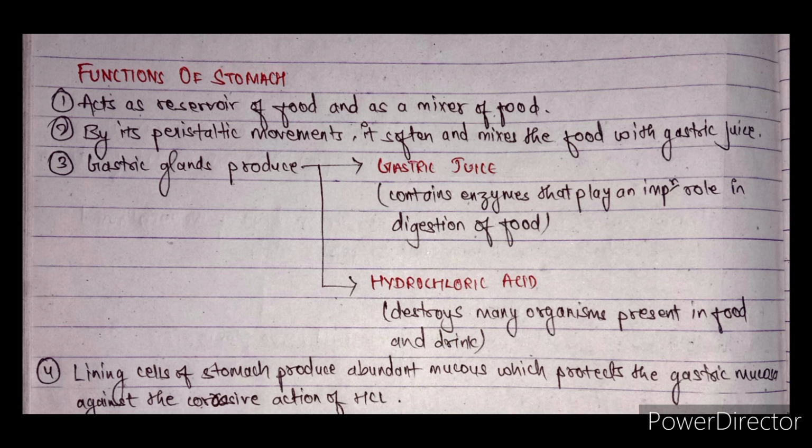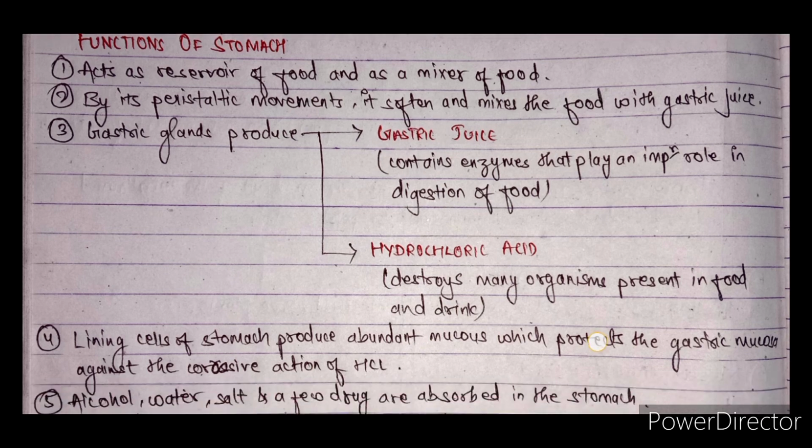Gastric glands produce gastric juice and hydrochloric acid. Gastric juice contains enzymes that play an important role in the digestion of food, whereas the hydrochloric acid destroys many organisms present in food and drinks.